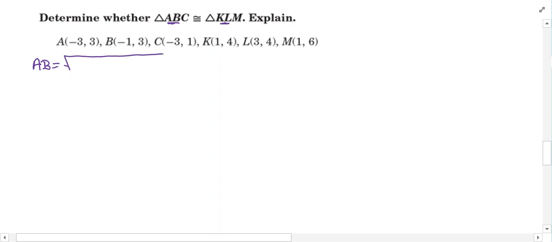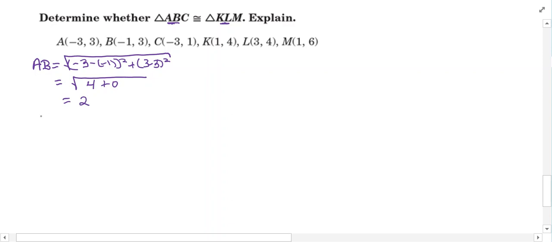So AB is the square root of -3 minus -1 squared plus 3 minus 3 squared. So that gives us the square root of -2 squared, which is 4. 3 minus 3 is 0, so 4 plus 0, which is the square root of 4, which is 2.